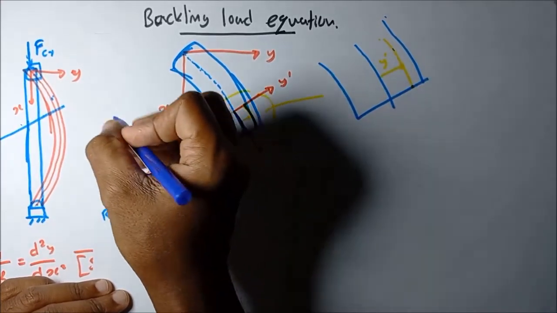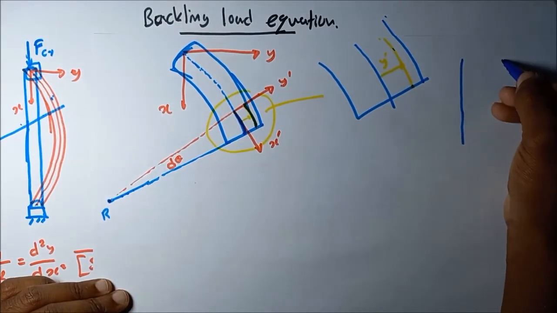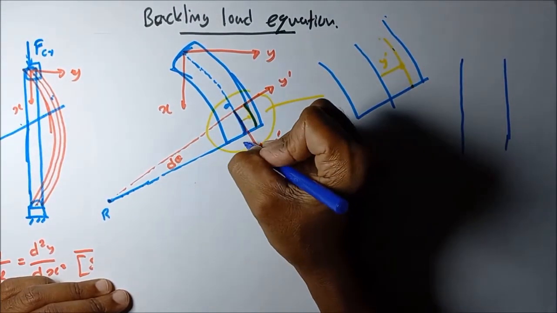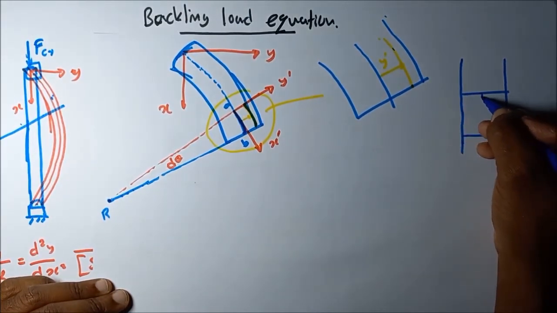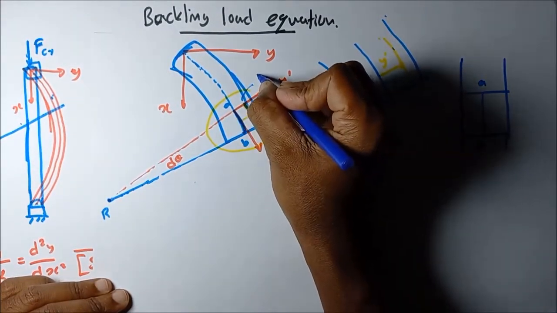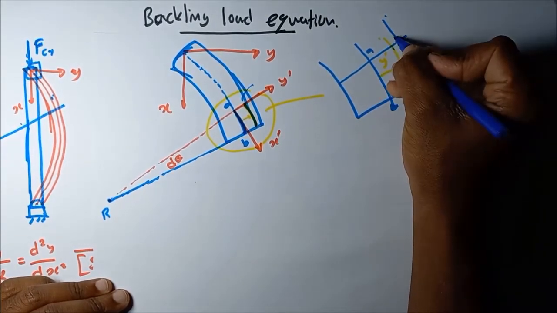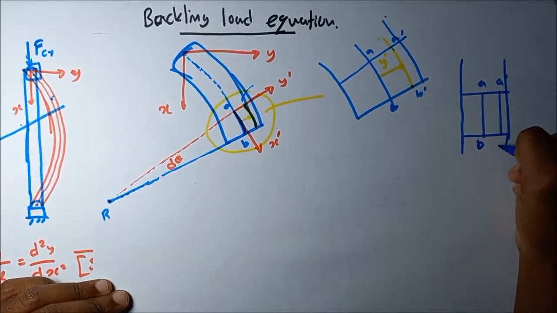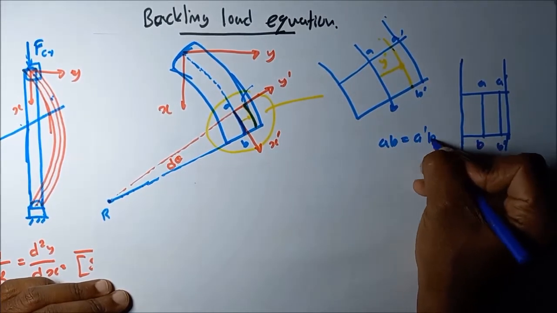Before it buckles, when it is in vertical position, let's take this is the A, this is the B. Then let's take these 2 points as A dash, B dash. Before it buckles, AB is equal to A dash B dash.